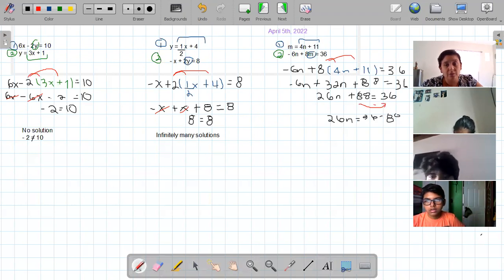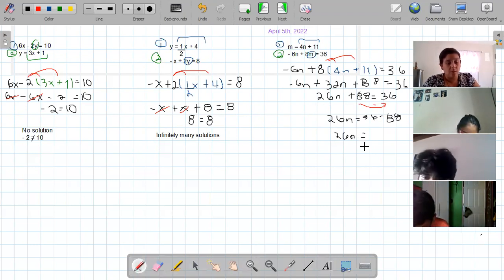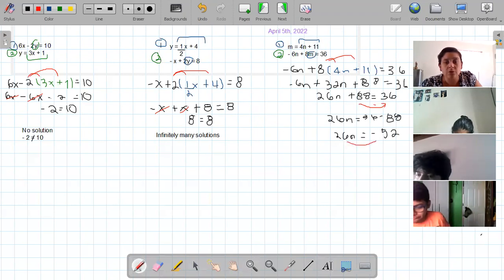How much is 36 minus 88? Negative 52. Thank you, Hennis. It's negative 52. Don't forget the signs, okay? Now I leave the variable completely unknown. So this 26 passes to the other side.